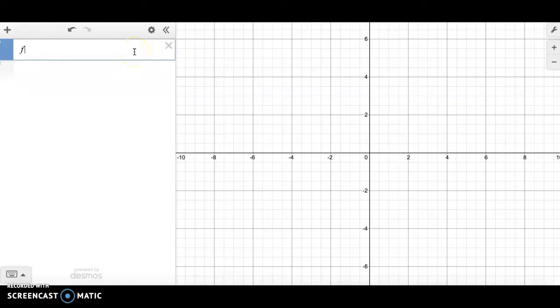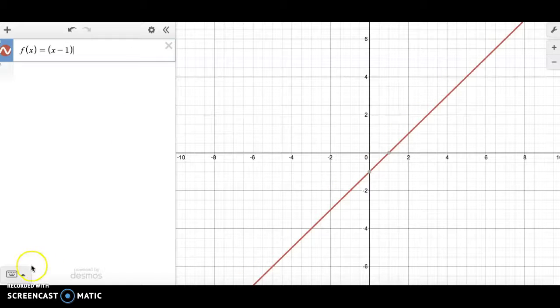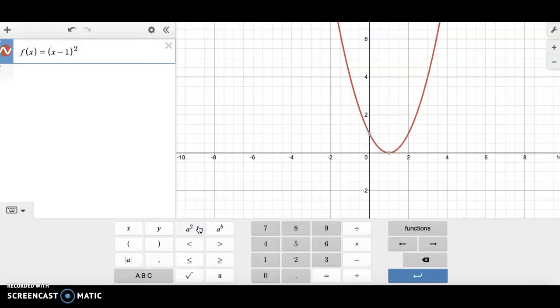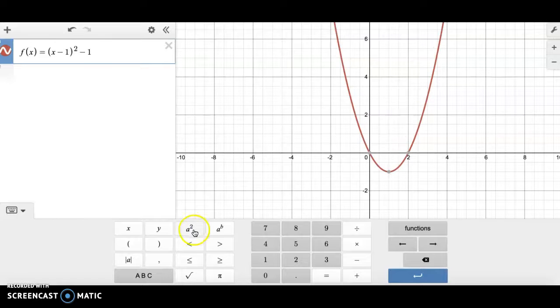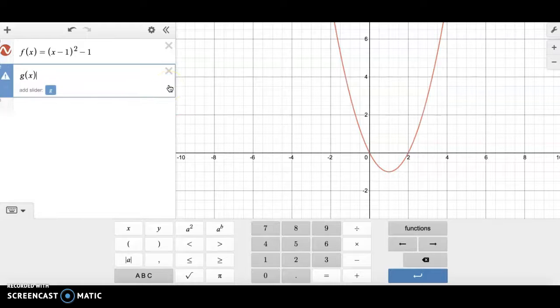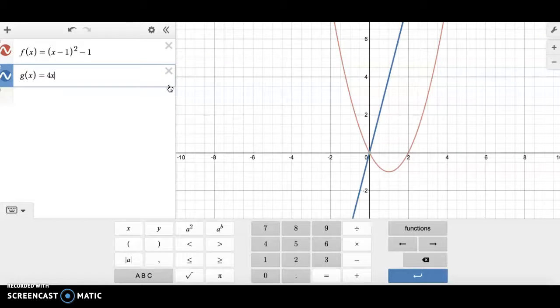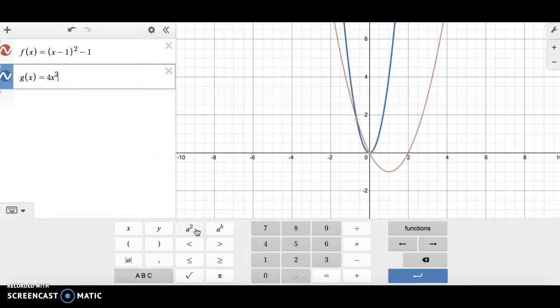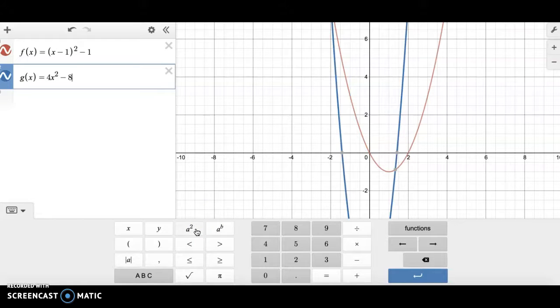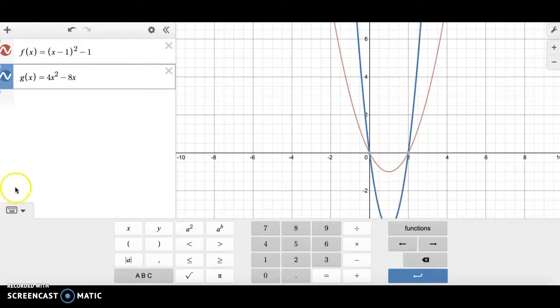Let's write my original, which is f of x equals, now the original was parentheses x minus 1, parentheses squared, minus 1. Okay, that was the original. That should have been on your Google document. Now let's write the new one. G of x equals 4x squared minus 8x.